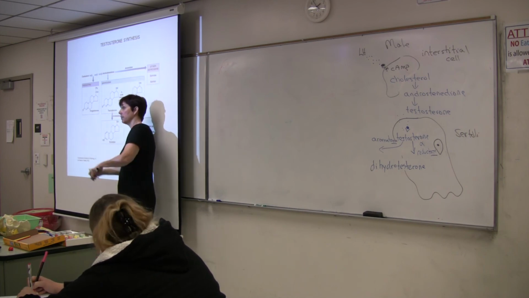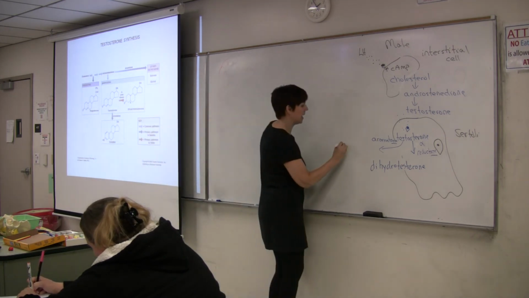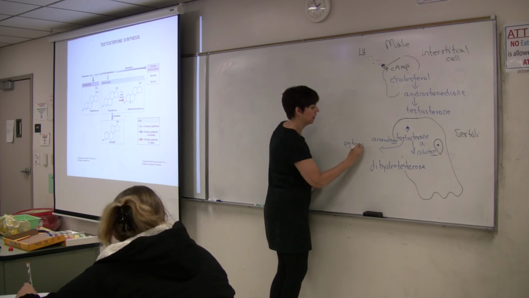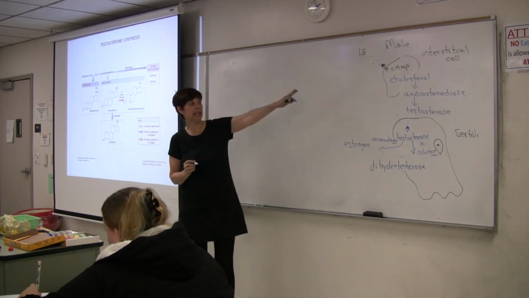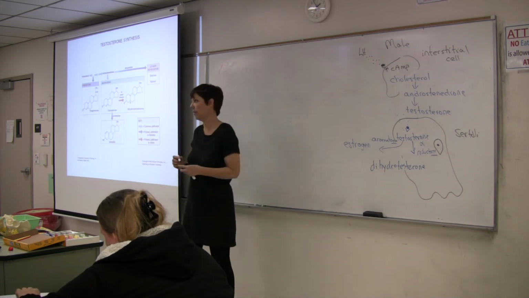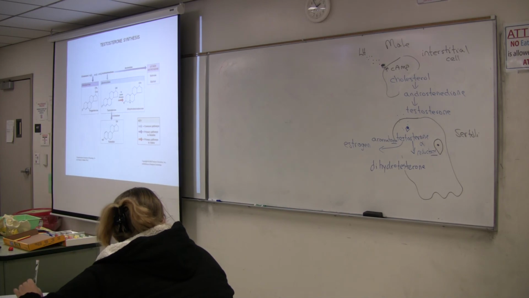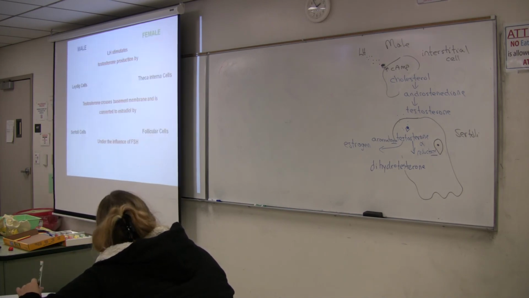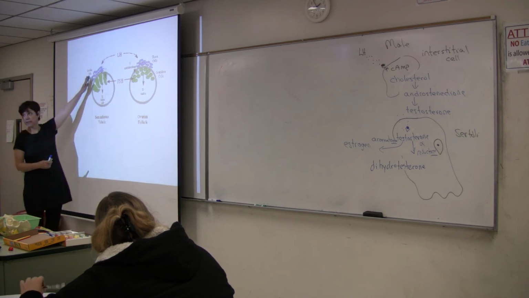Guys, you make estrogen. Small amounts, okay? But you do make estrogen. So think the interstitial cell and the Sertoli cell, okay? Now, remember this diagram? Interstitial cell, Sertoli cell. Okay.